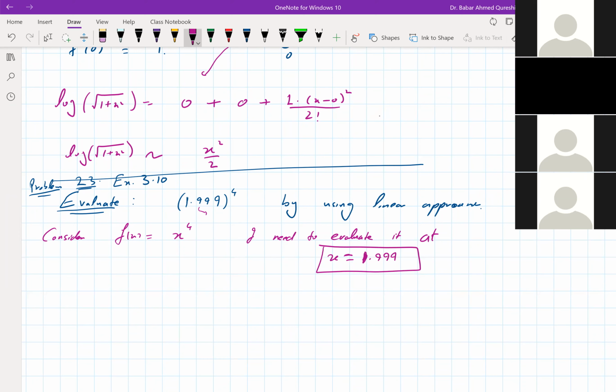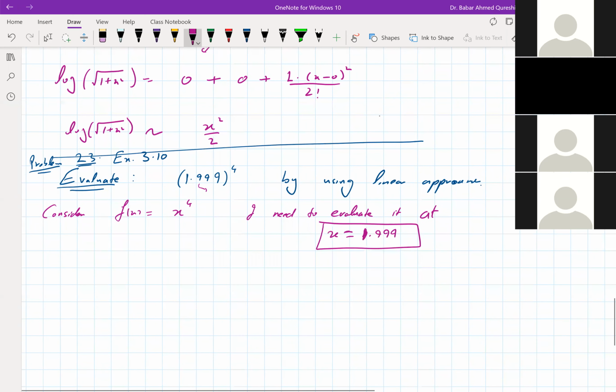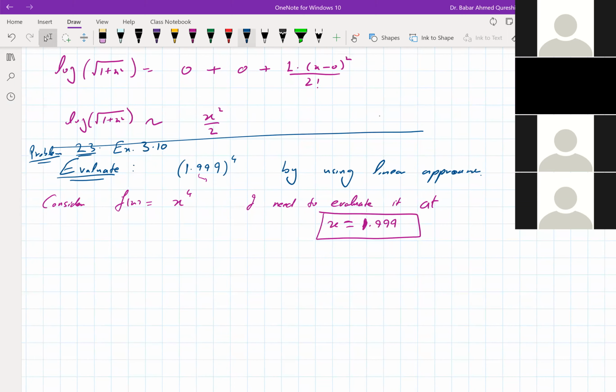But I don't want to take the fourth power. Suppose I don't have a calculator at my hand. So to do this, I will have to take this number, multiply with this, get an answer, then again multiply with this. It will be a very long multiplication. So I just need an approximate answer.